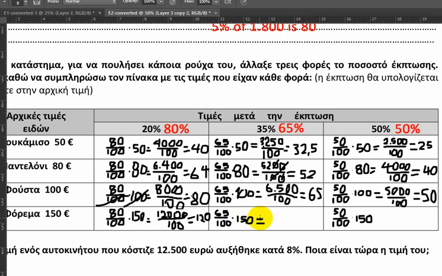Now, 65 times 15, let's see, this makes 9,750. Right? Over 100.